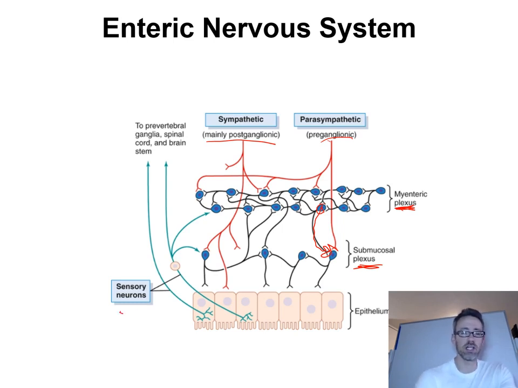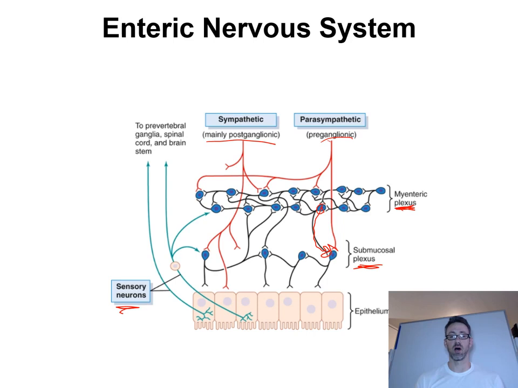In green over here are some of the sensory neurons that I mentioned on a few slides ago. So they may have mechanoreceptors, chemoreceptors, nociceptors, and so on. And in some cases, when it's sending that signal back, it's either going to go to the brainstem via the vagus nerve, for example, or it's going to go to the spinal cord if it's following the splanchnic sympathetic pathways, and so on.